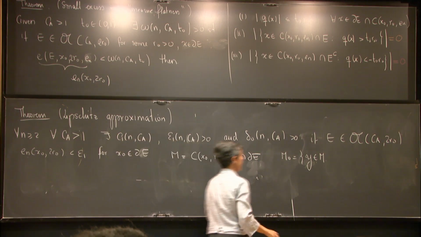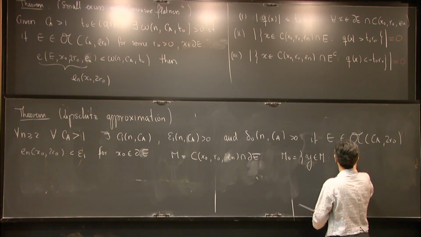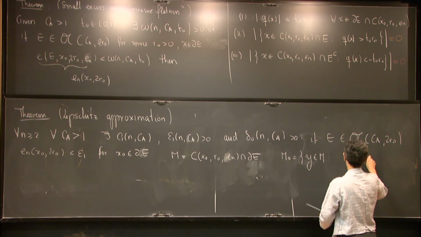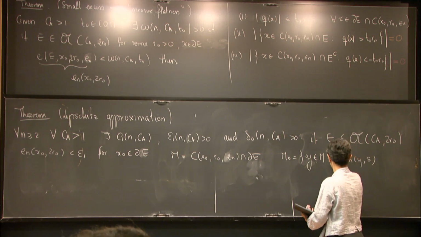I look at the cylinder and I look at the Y's that belong to M such that the oscillation at those points with respect to S is small, so we look at these points.